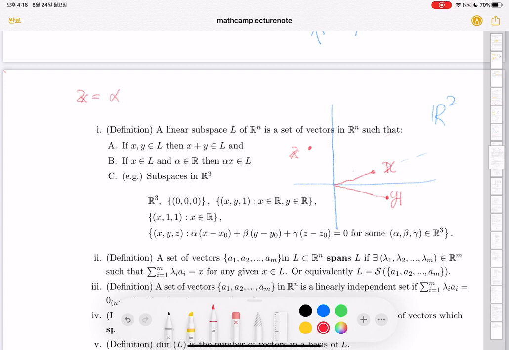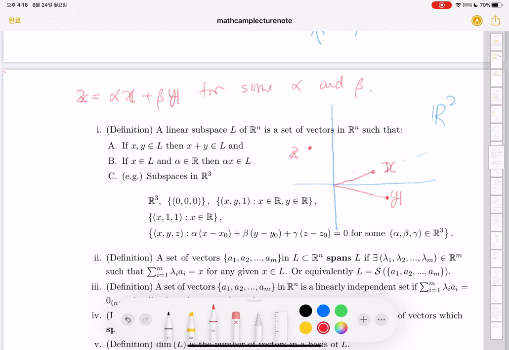I'm claiming that z is alpha times x plus beta times y for some alpha and beta. Find out how you find alpha and beta in this example.